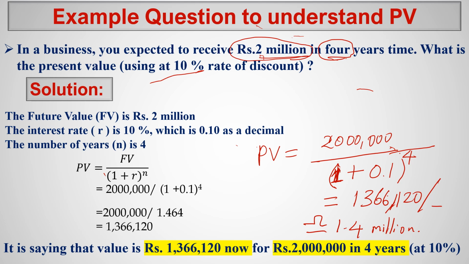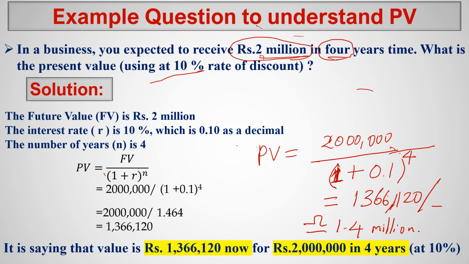So when I make a decision on investment, I think about today's money. I'm going to get 2 million after 4 years, but if I convert it into today's money, it's going to be 1.4 million. So if I'm going to invest only 1 million today, then the 0.4 million will be my profit, so I would go with this investment.